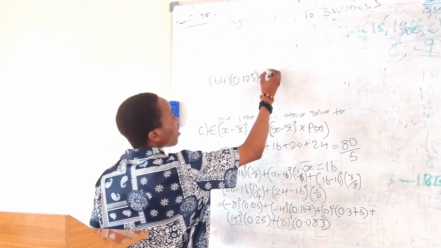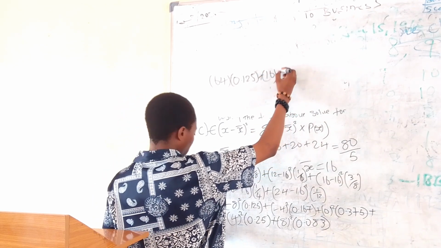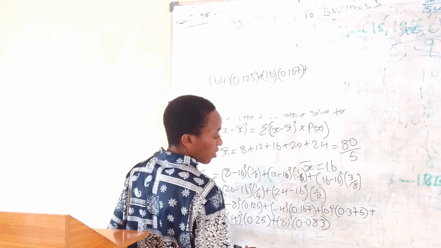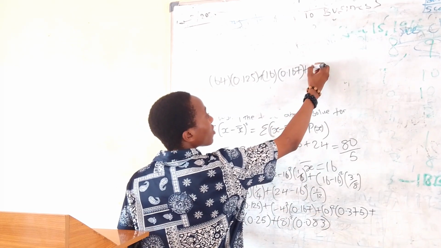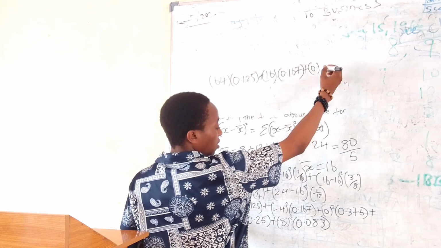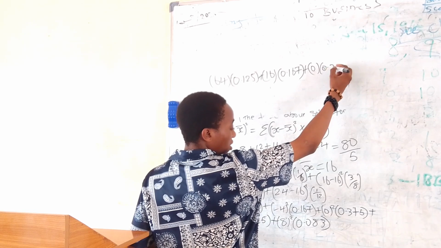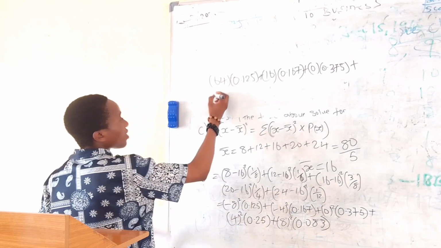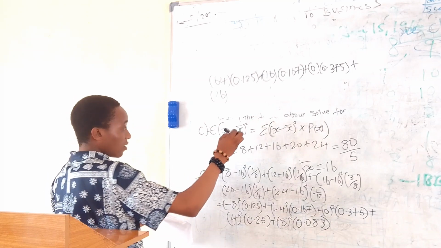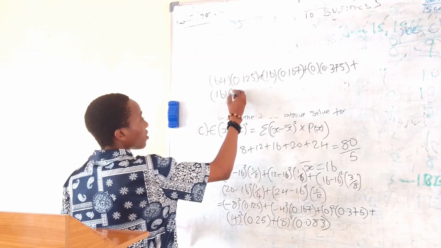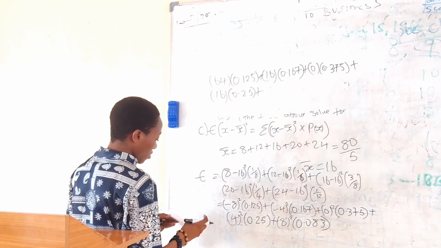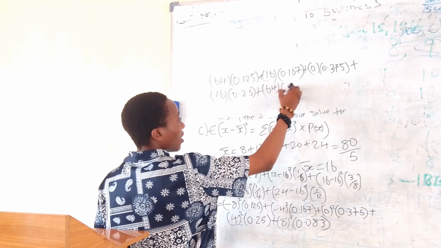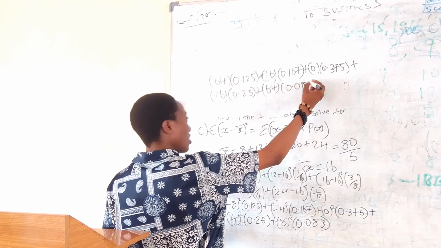Minus 4 raised to the power of 2 is 16, plus 16 times 0.167. 16 multiplied by 0.25, plus 8 to the power of 2 is 64, multiplied by 0.083.